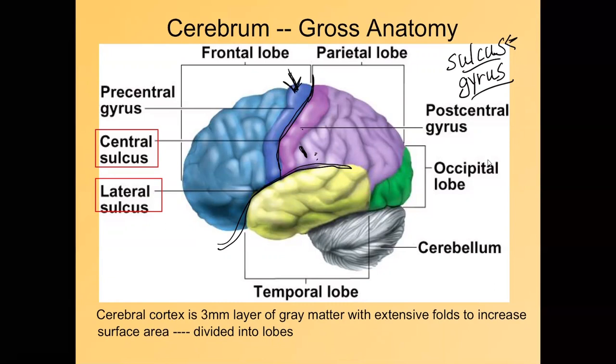Now if we go over the lobes of the brain, frontal is in the front, parietal is kind of on the top, occipital is in the back, and temporal lobe is on the side. The cerebral cortex, that's the gray matter, has lots of folds, and the folds increase the surface area. So the more folds you have, the smarter you are.